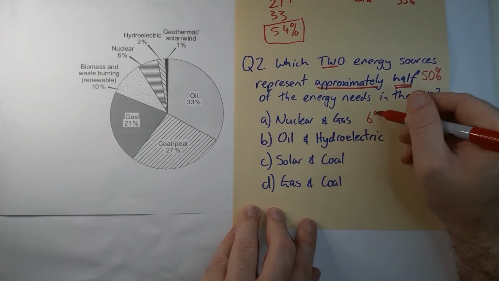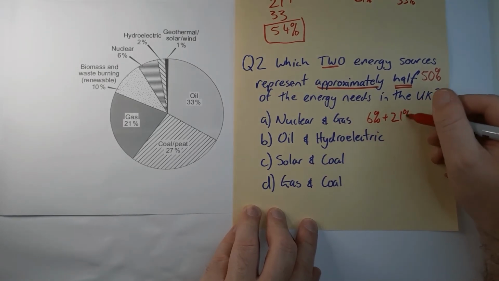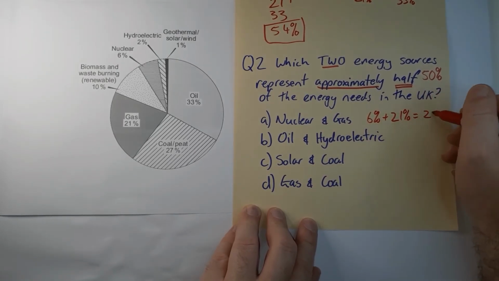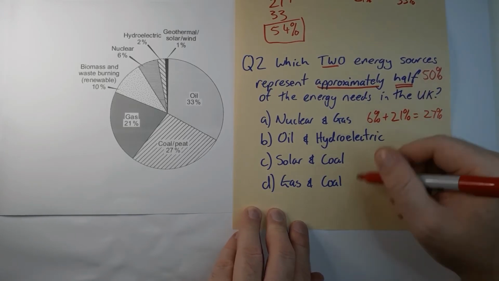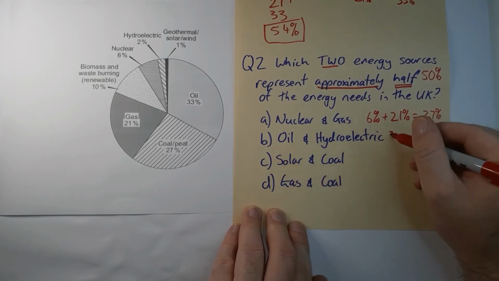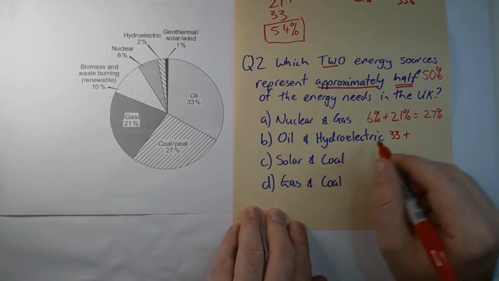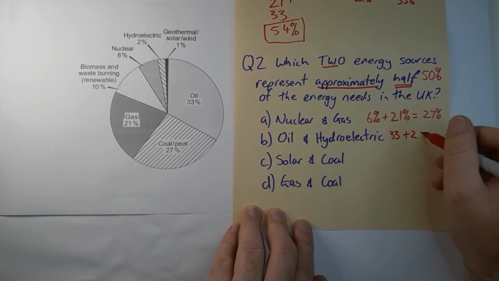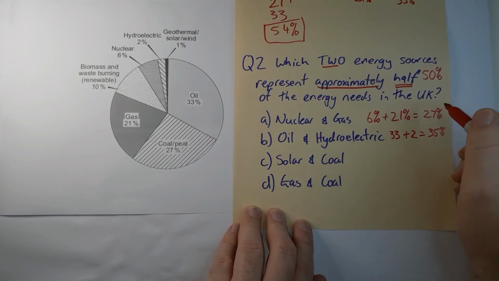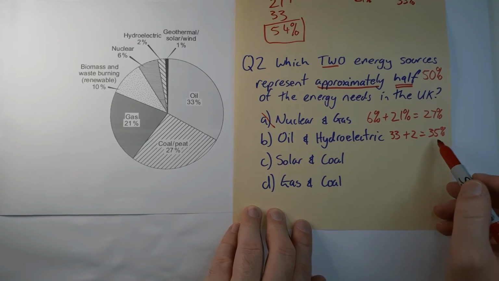Nuclear was 6%, plus gas, 21%, and that gave me 27%. So that's pretty far off 50, but it might be the closest out of these options, so we'll leave it for the moment. Oil is 33%. I'm just going to leave off the percentages for the moment. Hydroelectric is just 2, so that gives me 35%. So now we can cross out A, because B is our most correct option so far.